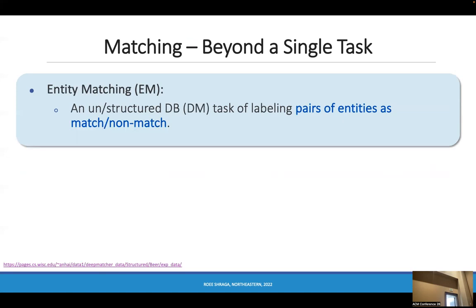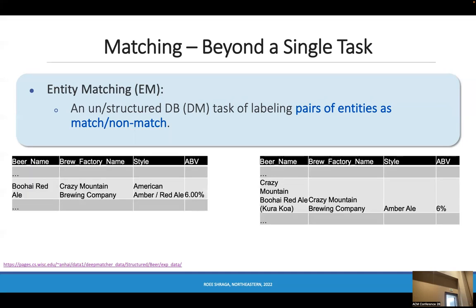The second task would be actually more familiar to this audience. It is mainly research in the database community, and it's called entity matching. And entity matching, again, is very similar. There are some instances of entity matching that look just like what I showed you before, but more traditional entity matching tasks look more like this.